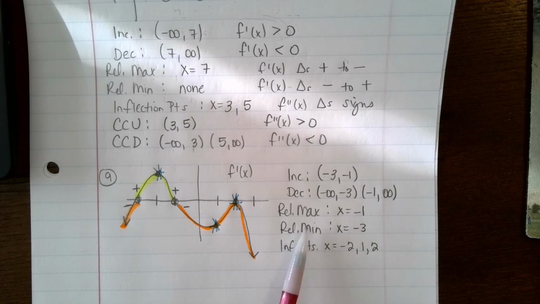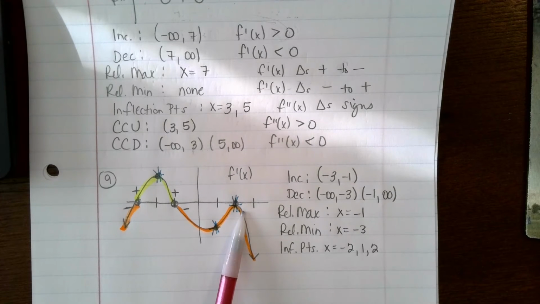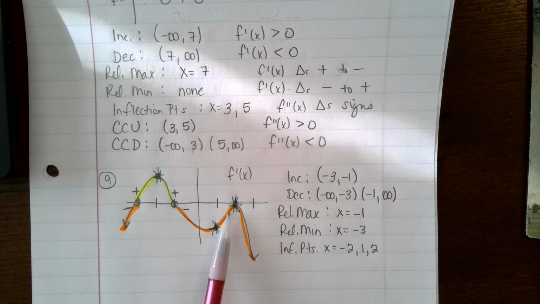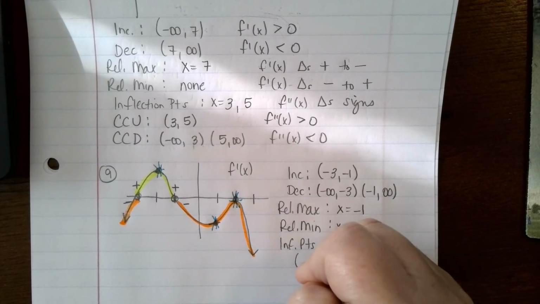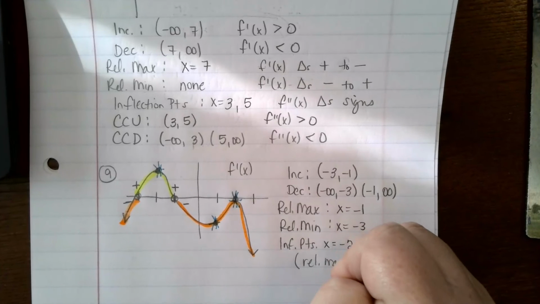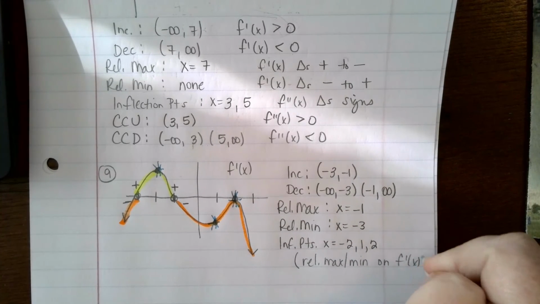It could have been a relative max or a min of your function, but it wasn't because it didn't change places. It stayed negative and negative. So it didn't change from negative to a positive or a positive to a negative. It stayed negative, which made it an inflection point. Now, for the justification here, you're going to say it is a relative max or min on your derivative graph.